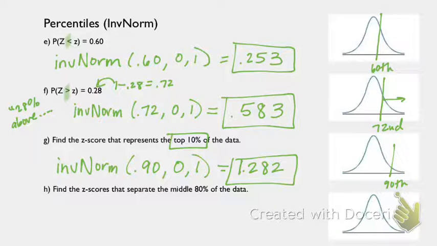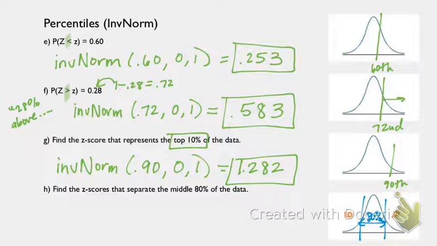And then H, it says find the z-scores that separate the middle 80% of the data. So if 80% is in the middle, how much is on the outsides? 20, and then 10 on each side. So there's 10 on this side and 10 on this side.